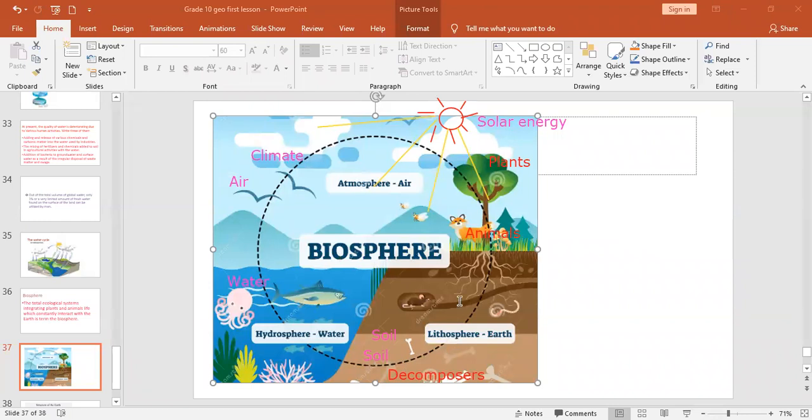Soil is needed to grow plants and for soil organisms to live. Decomposers are also very important for the existence of the biosphere. Without decomposers, the whole world would become a garbage heap. So all these components are the factors that affect the process in the biosphere.